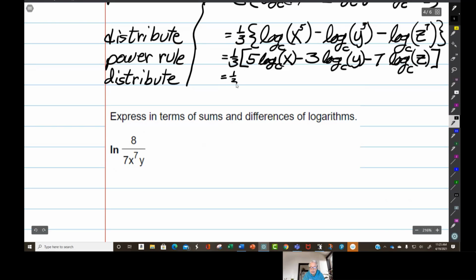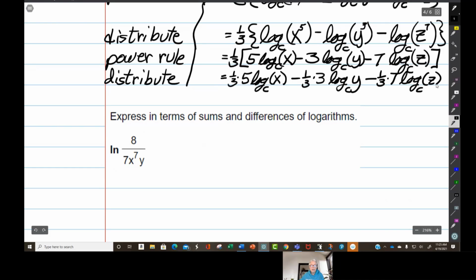So we're going to have 1/3 times 5 log base c of x minus 1/3 times 3 log base c of y minus 1/3 times 7 log base c of z. And now all I have to do is multiply these numbers together.